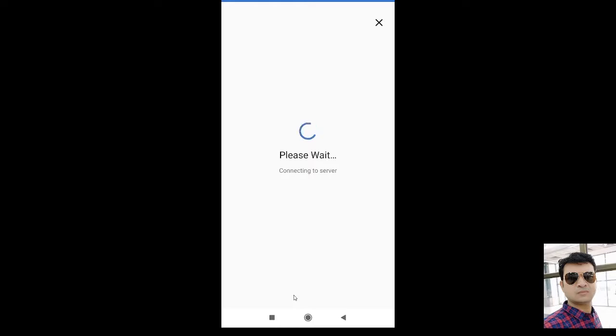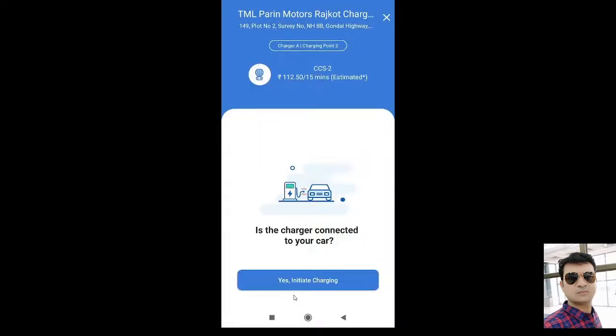You must keep at least rupees 150 in your wallet, that is the minimum balance. Is the charger connected to your car? After connecting the charger in your car, click on yes.